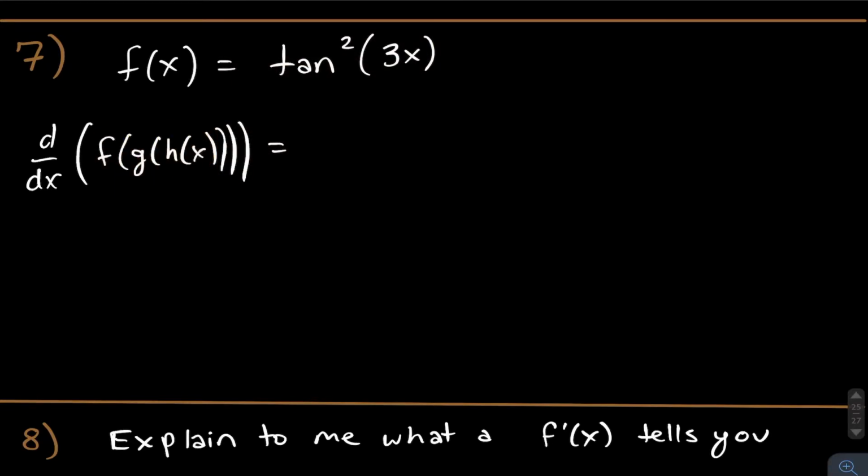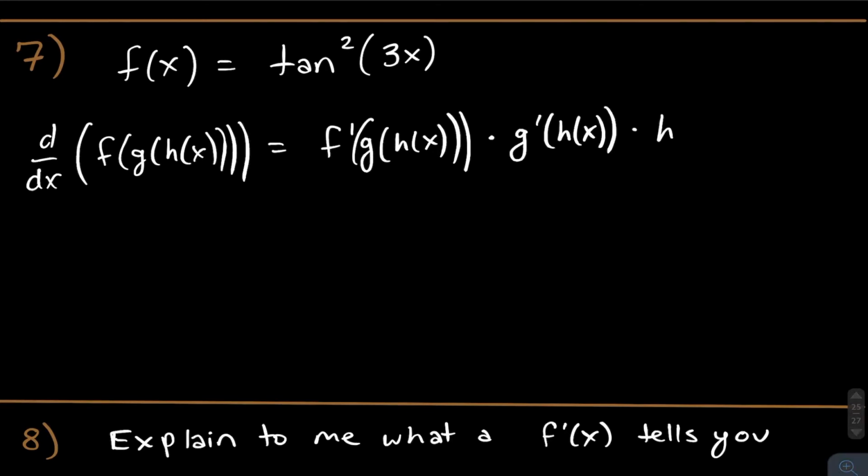So here this just becomes f prime of g of h of x, and you'd multiply by the derivative of g, g prime of h of x, and you'd multiply by the derivative of h of x.